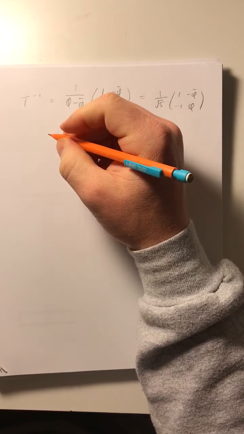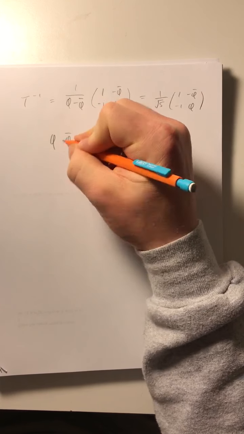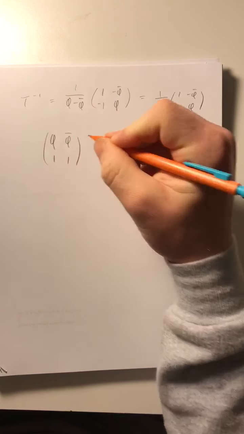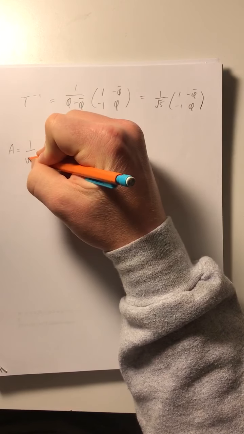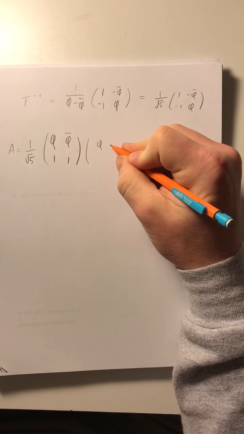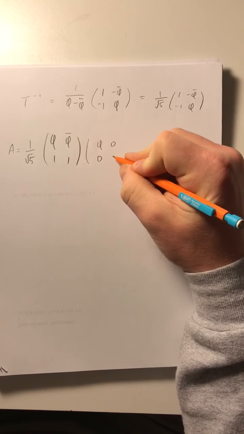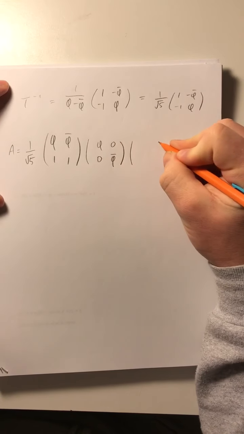So now I have T, then phi, 0, 0, phi bar, and T inverse.